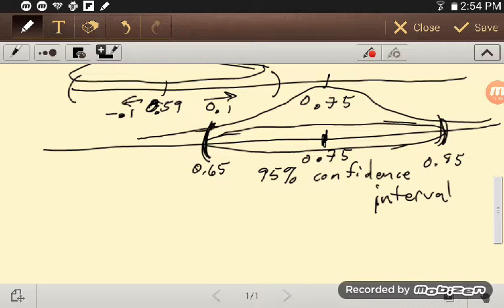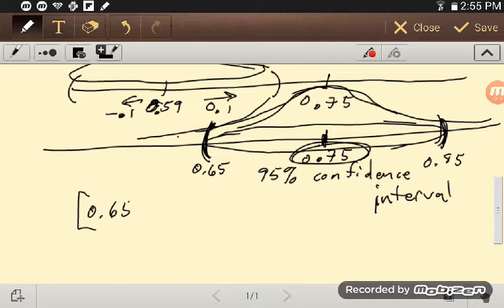But now if we take that distribution that we got and we center it over that, then we can go out here and put some uncertainty on it, because again, this was just a sample. We sampled it, we got 0.75. Why would we think that's the exact answer, right? We shouldn't. But what we can do is say that's our best estimate because that's all the data we have.